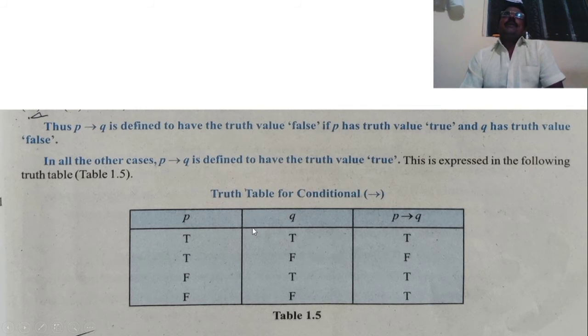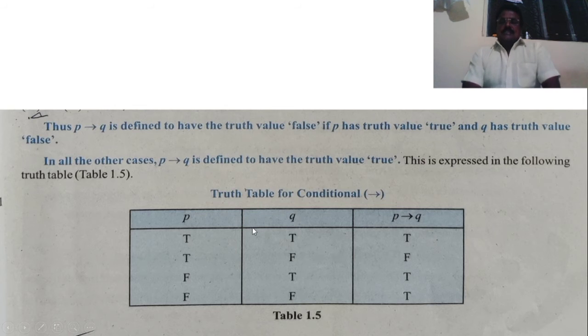This means that P → Q is false only when the first statement P is true and the second statement Q is false. In the other three cases, this conditional statement is true.